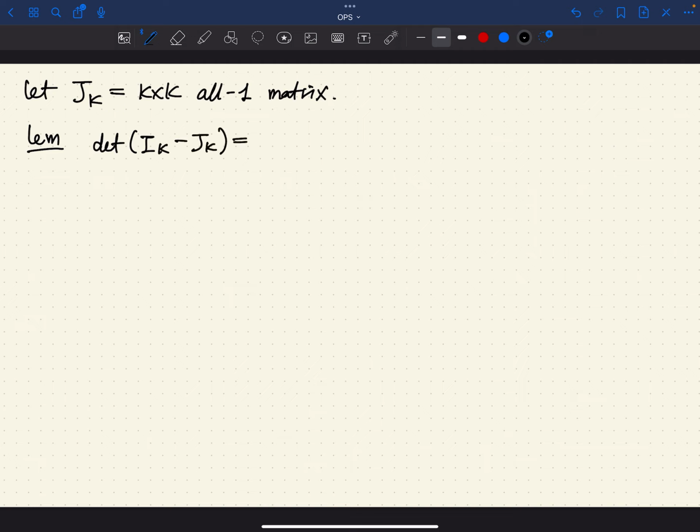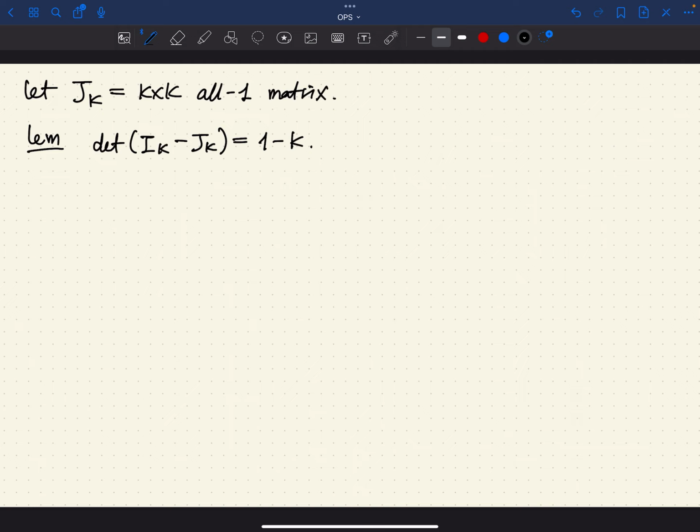Then again, let J sub k be the k by k all one matrix. And one lemma before proving the determinant, I'm going to prove a simpler determinant. The determinant of this is 1 minus k.